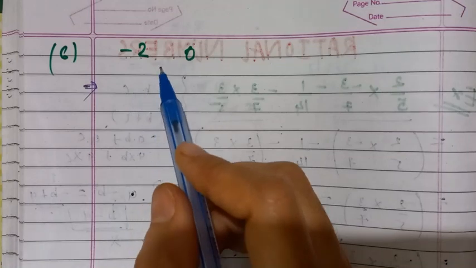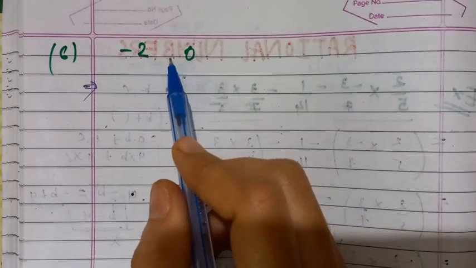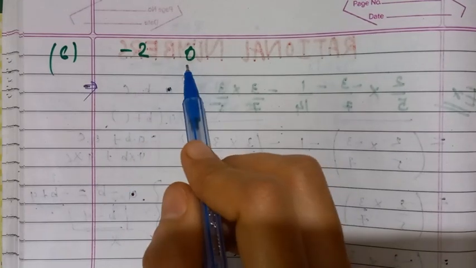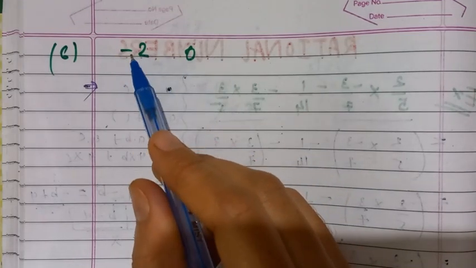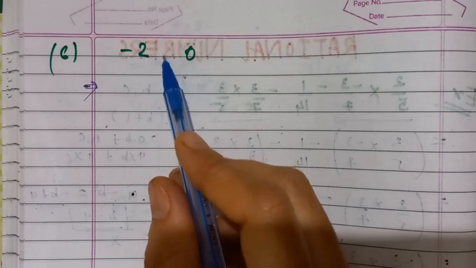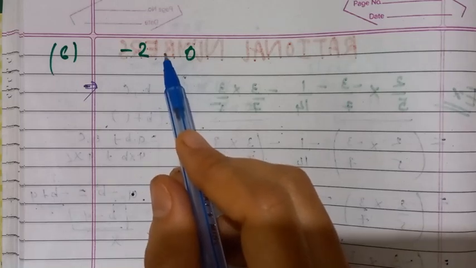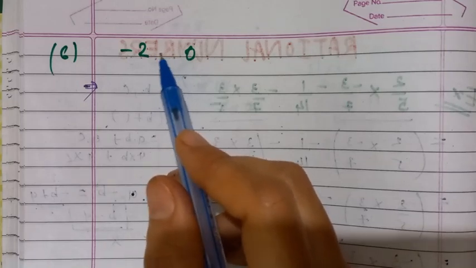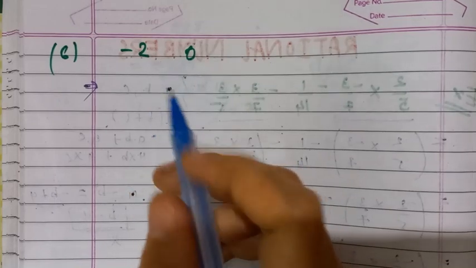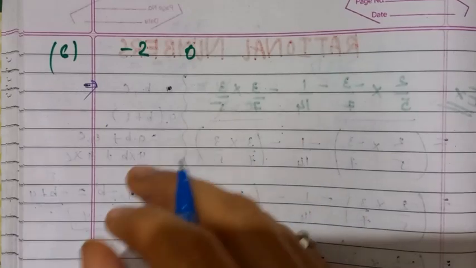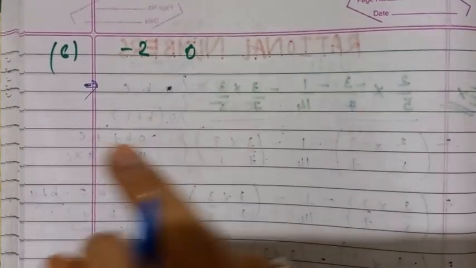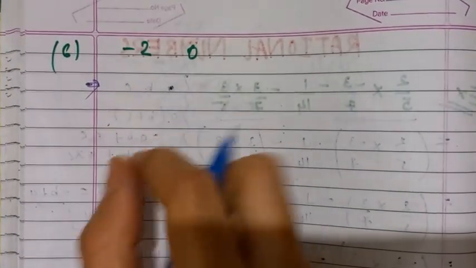We can write three rational numbers between minus 2 and 0: minus 1, which is greater than minus 2, then minus 0.5, minus 0.7. So these three are rational numbers. So we can write any 3 rational numbers in between minus 2 and 0.